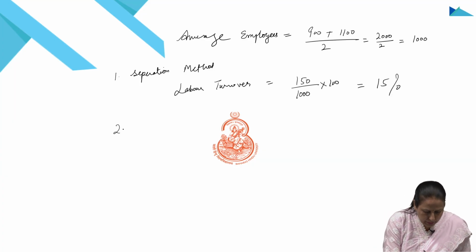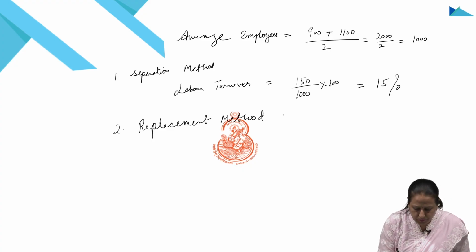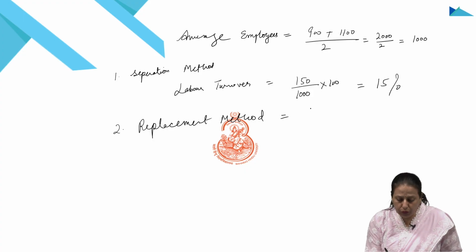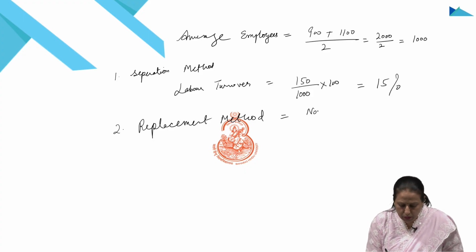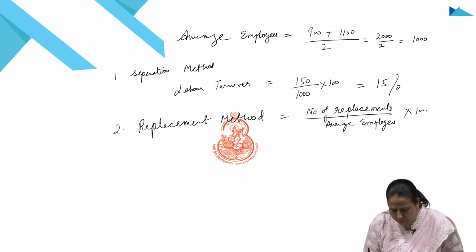The second method is the replacement method. The formula we are going to apply is number of replacements during the year divided by average employees into 100.